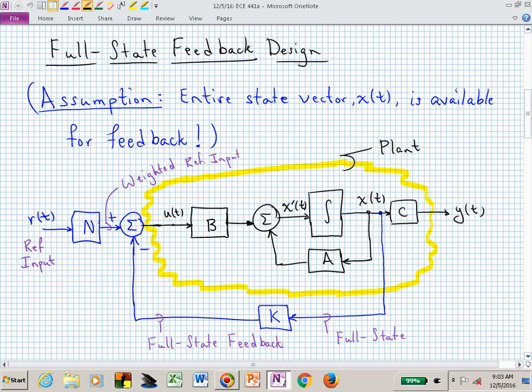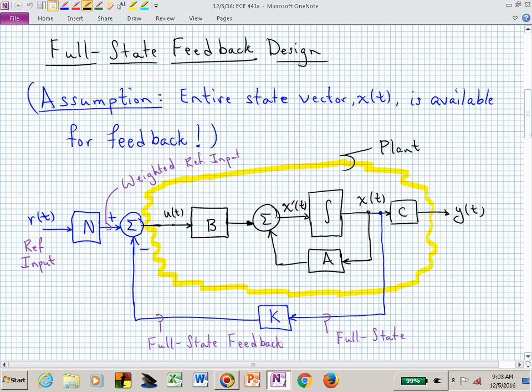And if we want to inject a reference signal, we have a gain on that reference signal, which could be a matrix, but if our reference input is scalar and our input is scalar, capital N is scalar, a 1-by-1 matrix.